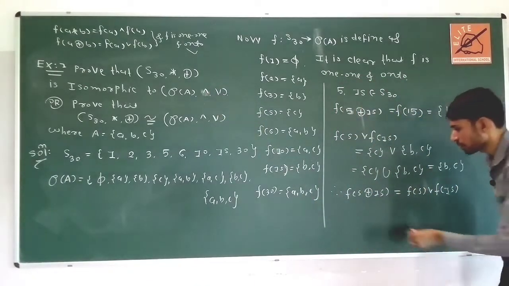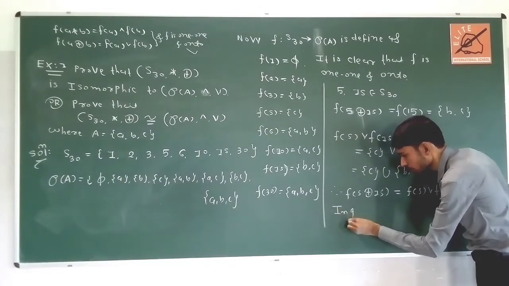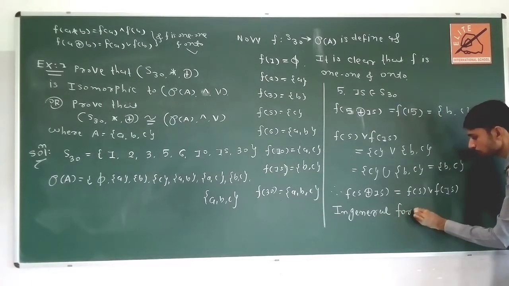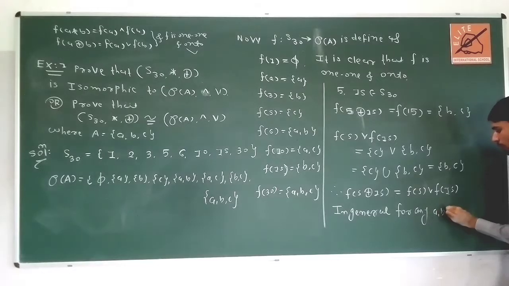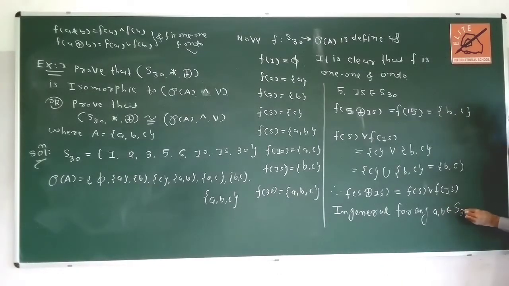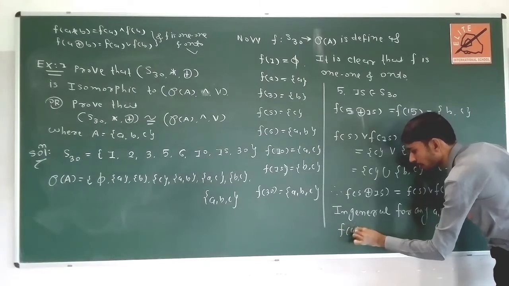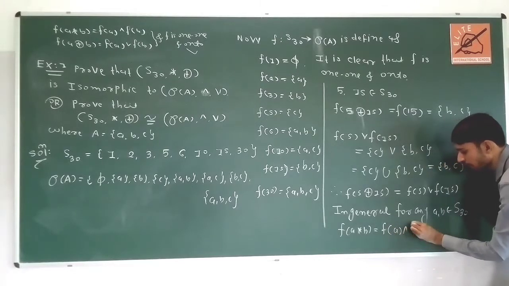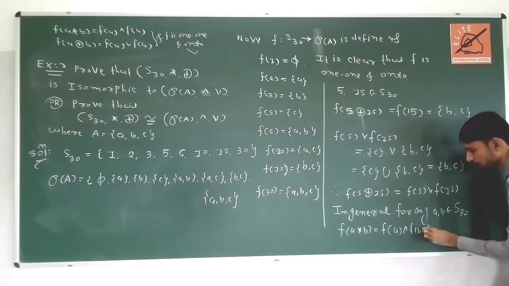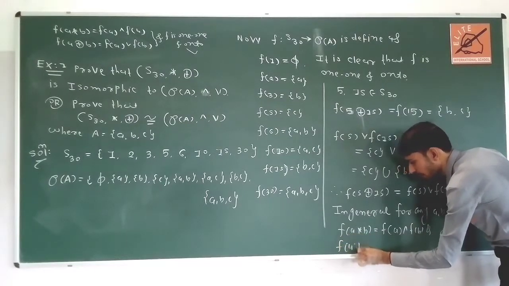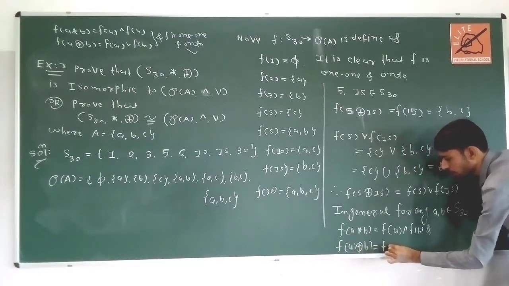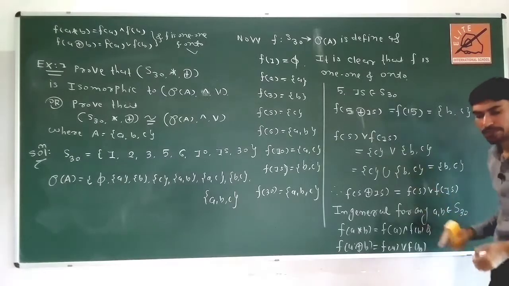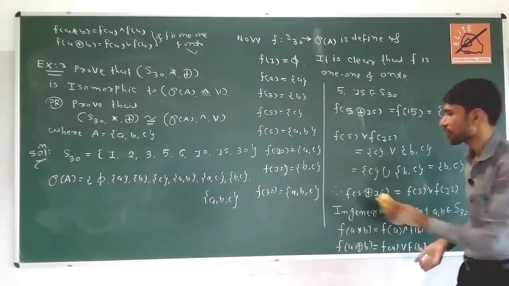So here we write in general, for any a, b belongs to S30, f of a star b is equal to f of a meet f of b and f of a ring sum b is equal to f of a join f of b. So in short, our function f is the lattice homomorphism. So write down the answer finally here.